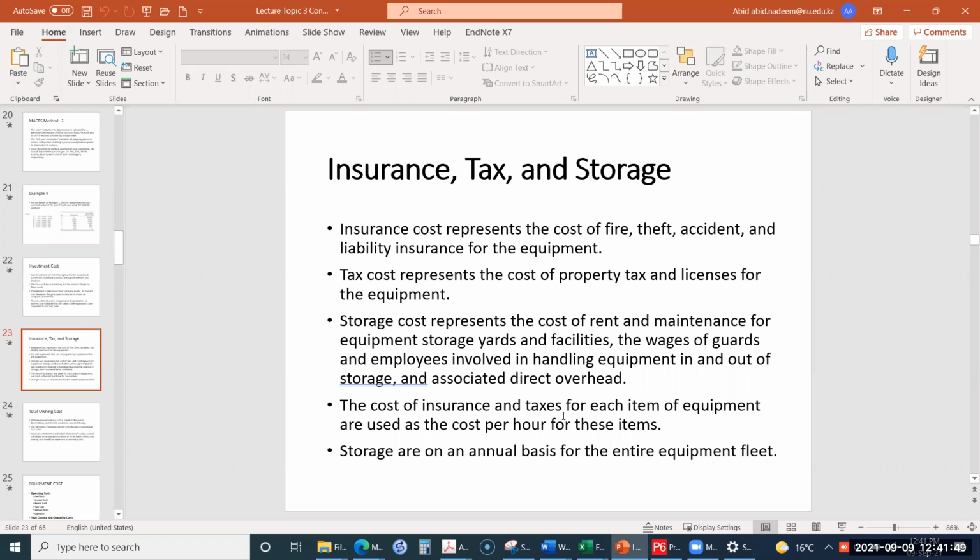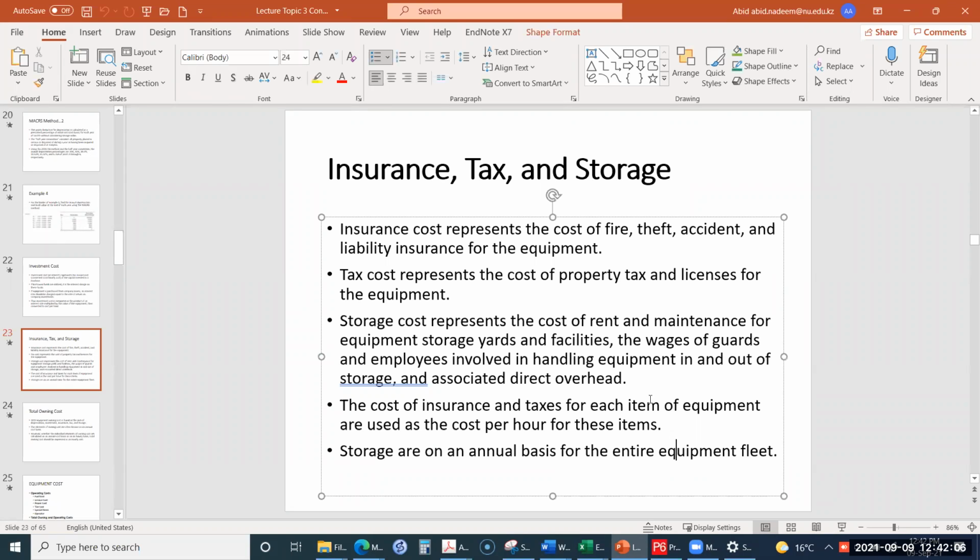So insurance costs and the taxes costs are normally converted to the cost per hour of this equipment, whereas the storage costs are on the annual basis for the entire equipment fleet.